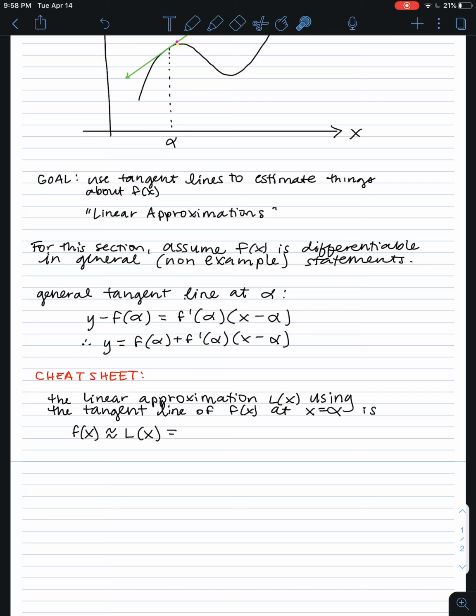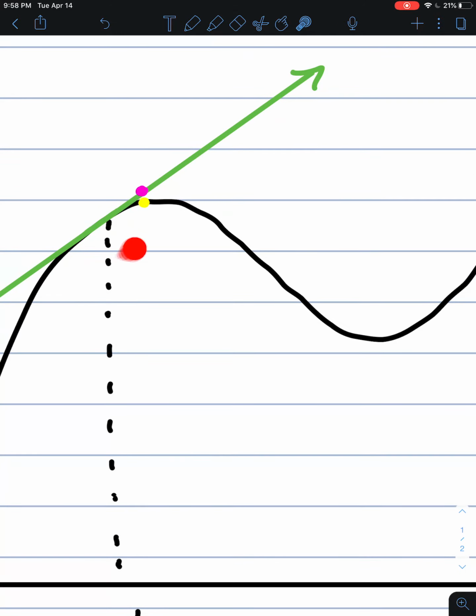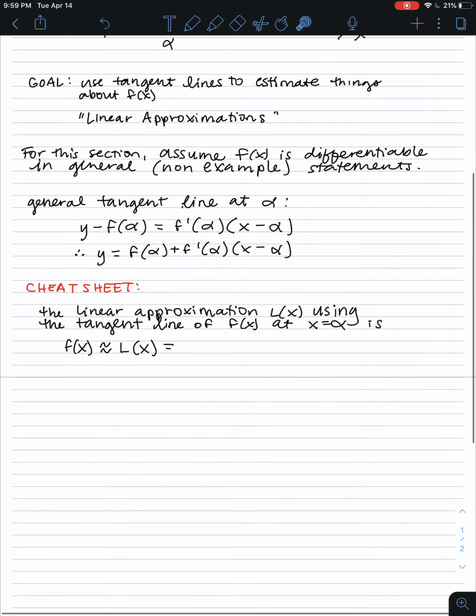So we know for our tangent line that y is equal to this, and we also know that f of x is very similar to our tangent line at the points around where our tangent line was made, right? So if I have my tangent line of a certain point, in this case alpha, if I have points around it, those values on my actual curve are very similar to my tangent line. So that's what's happening here.